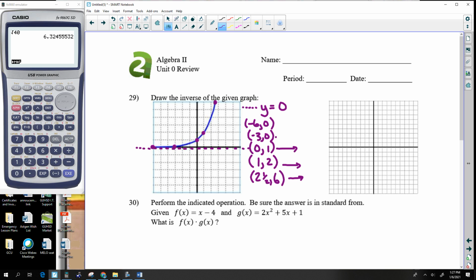Inverses would be x is equal to 0, and the points (0, -6), (0, -3), (1, 0), (2, 1), and (6, 2.5). Plotting these things out, x equals 0 is a vertical line.